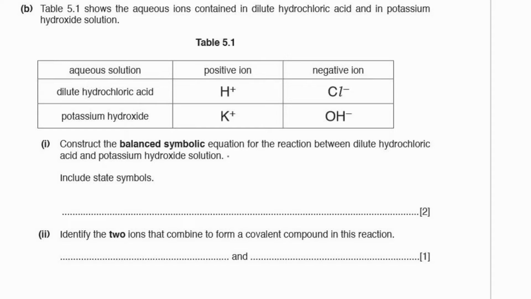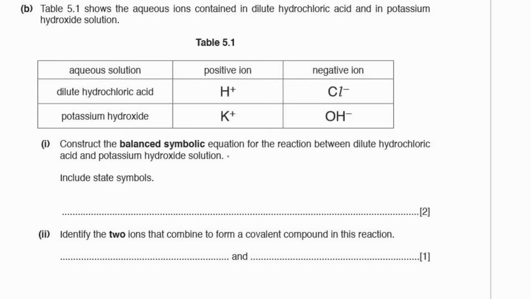Hydrochloric acid has H+ and Cl-, and aqueous potassium hydroxide has K+ and OH-. You need to construct a balanced symbolic equation for the reaction between dilute hydrochloric acid and potassium hydroxide solution, and include the state symbols.